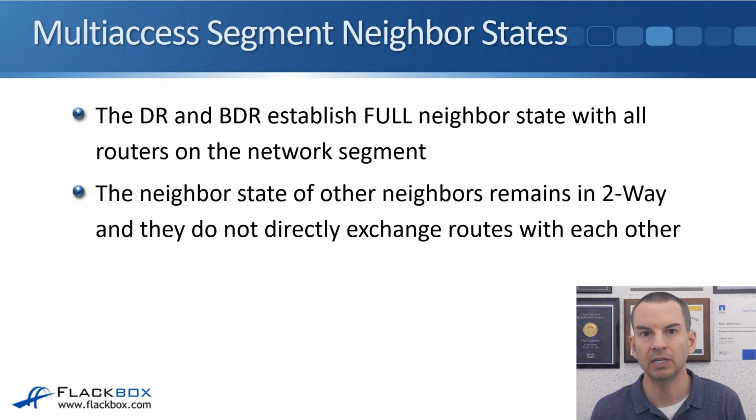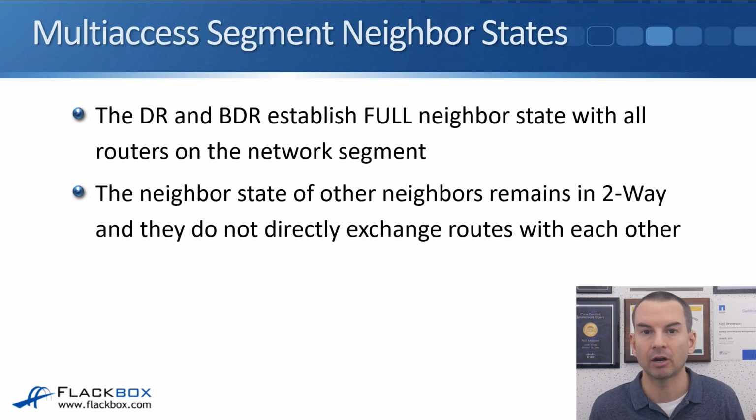R3 and R4 will go to the full state with R1 and R2 because those are the designated routers. But if you look at the state between R3 and R4, because neither one of those is a designated router, they will just be in the two-way state with each other. So routers which are not a designated router will just have a two-way relationship with each other. They're not exchanging full routing information directly with each other.